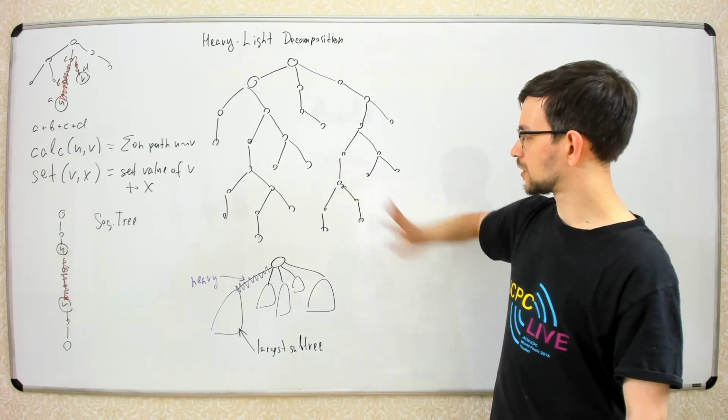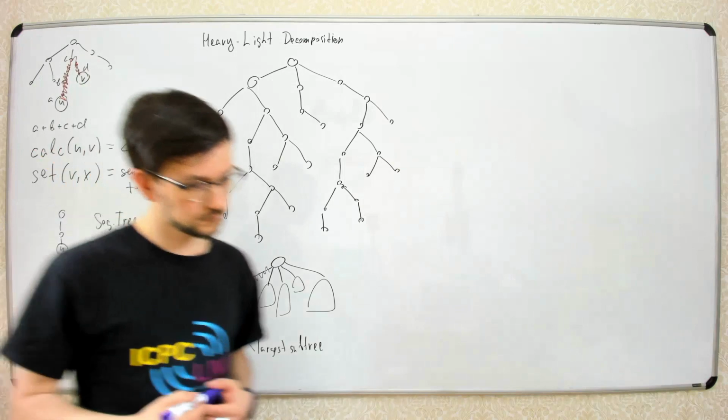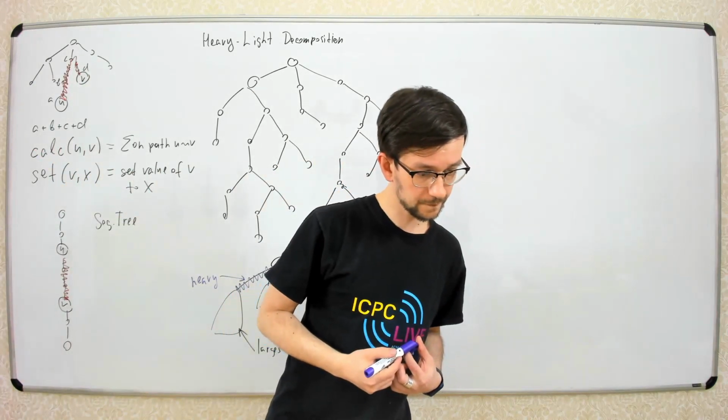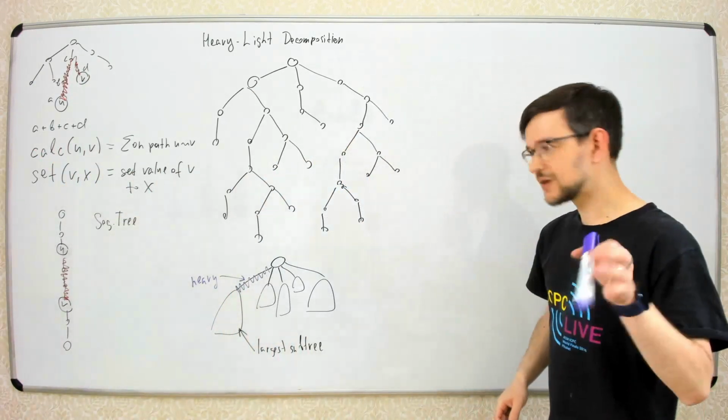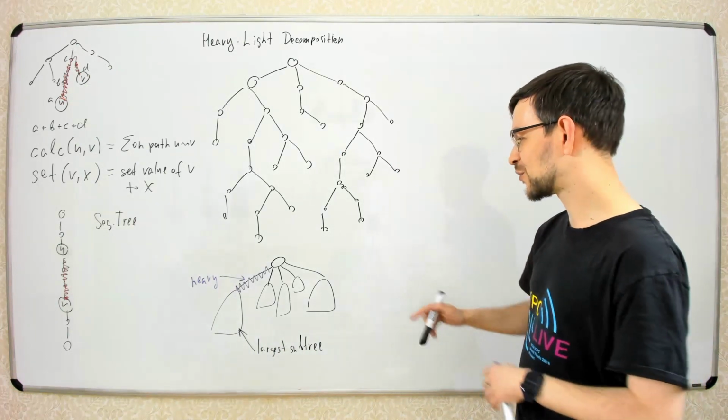Well, let's try to mark all the heavy edges in this picture. Yeah, there's another way. There are two schools of heavy light decomposition. First school is like this.